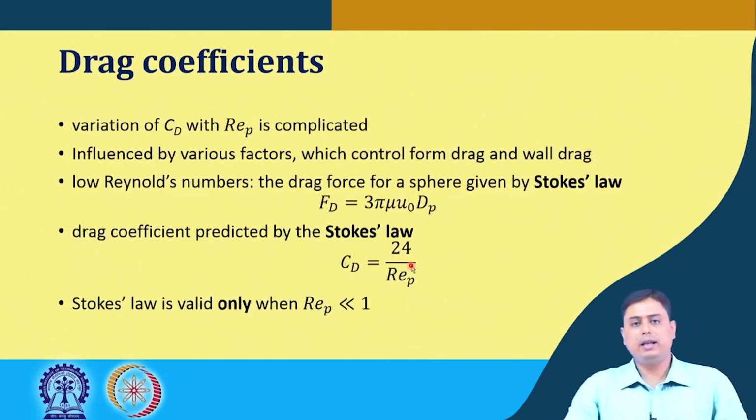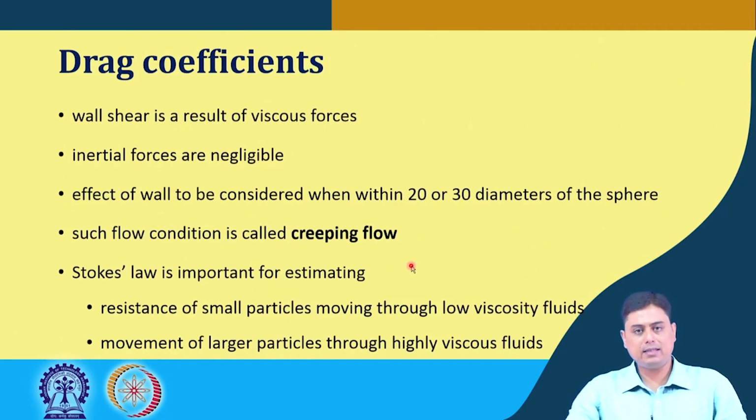In Stokes' law, the typical example that you have possibly already seen is a spherical particle falling in a stagnant pool of liquid. In that case, the wall shear is a result of viscous force. Inertia forces are negligible, and the effect of the wall has to be considered if the walls are within 20 to 30 diameters of the sphere.